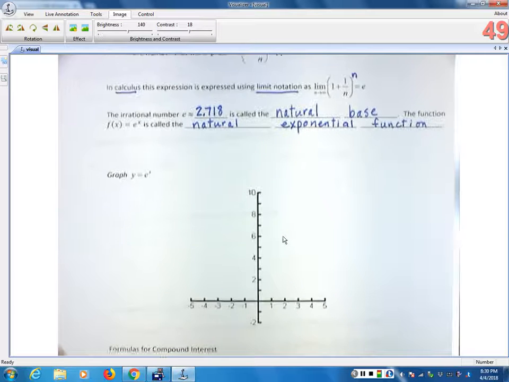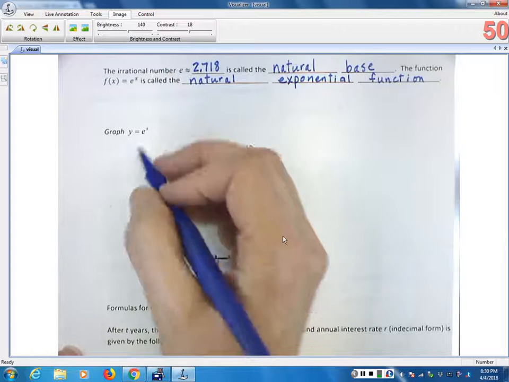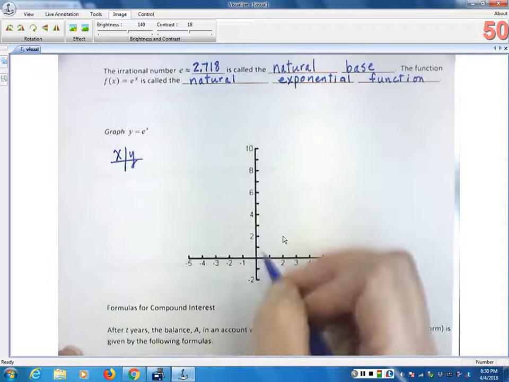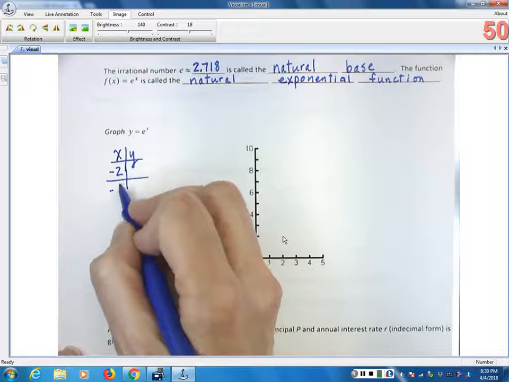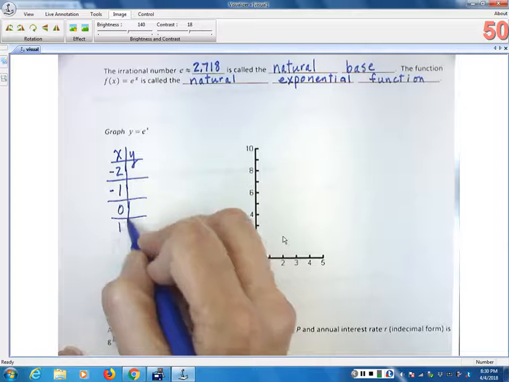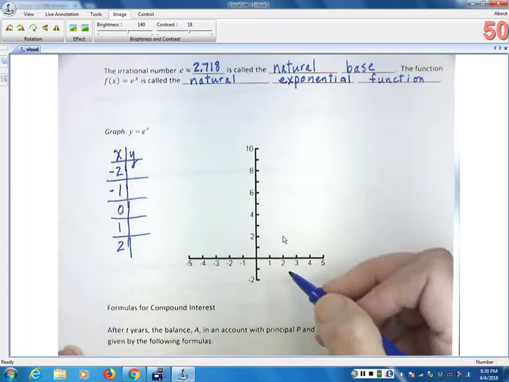Okay, so we graph y equals e to the x. We could use our calculator for that. We're going to pick convenient values: -2, -1, 0, 1, 2. And that's about all this graph will show.